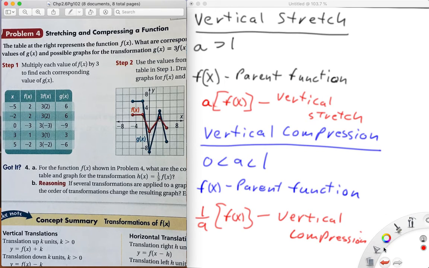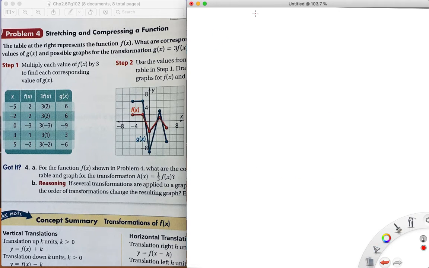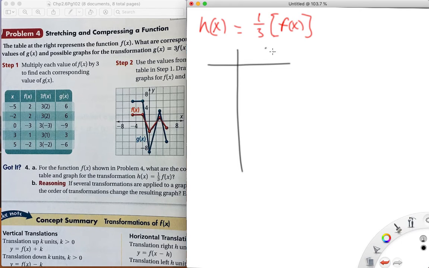And that gives you your compression. So what if you were to find out what, let's call h of x. H of x would be 1 over a, right? So 1/3 times f of x. So if I do the chart just like so, I'm going to get rid of the 3f of x and I'm going to put in the other.